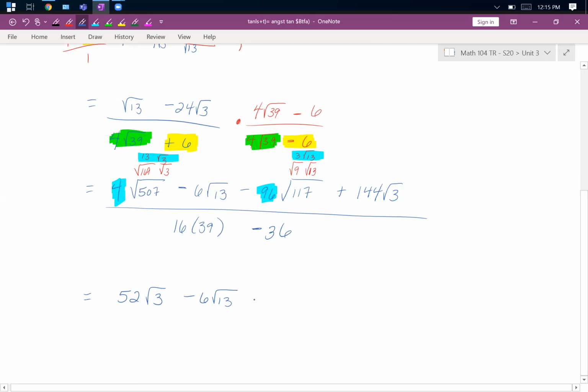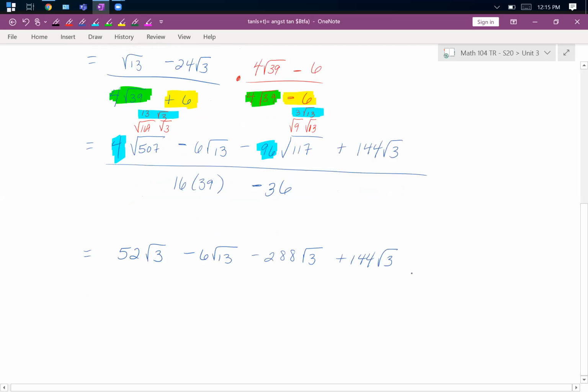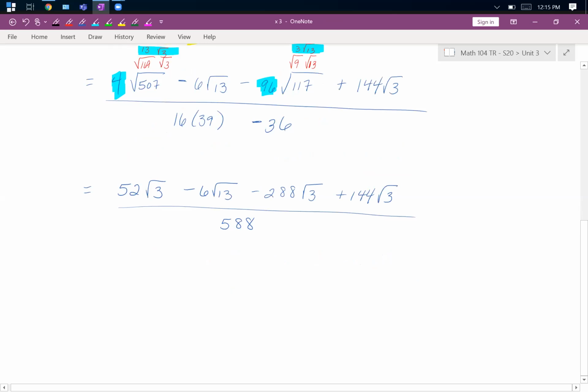That is minus 288 square roots of 13 plus 144 square root of 3. Multiplying and subtracting our denominator, we're going to get 588. We doing okay so far?